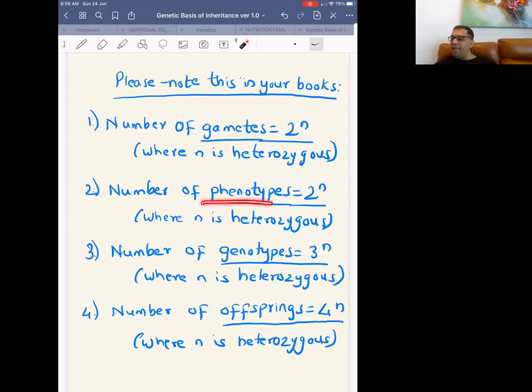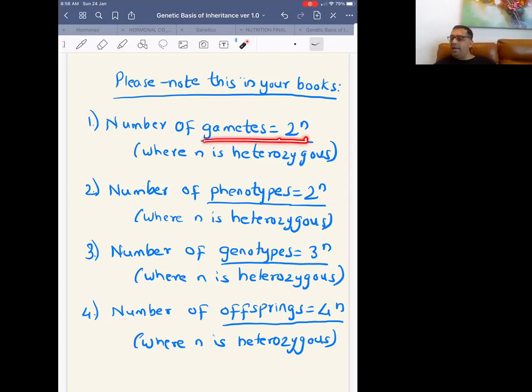Number of phenotypes is 2 raised to n, where n is the number of heterozygous characters. Number of genotypes is 3 raised to n, where n is the number of heterozygous characters, and number of offsprings is 4 raised to n, where n is the number of heterozygous characters.